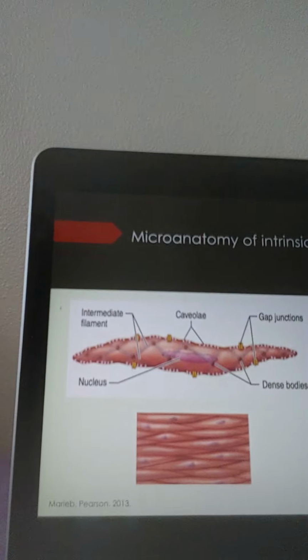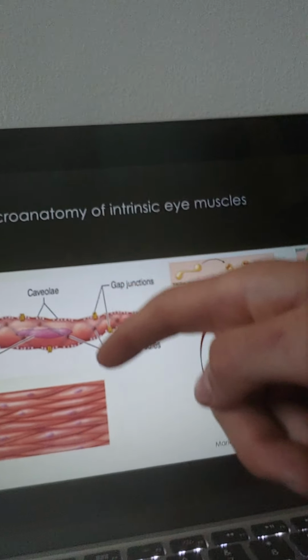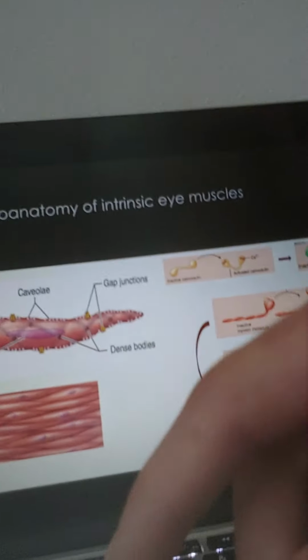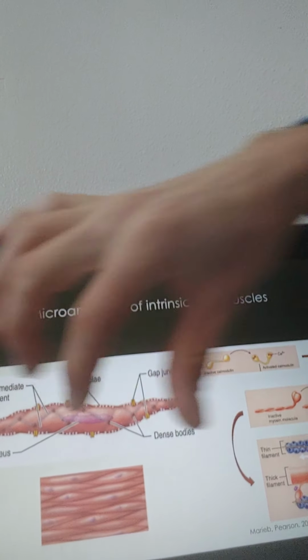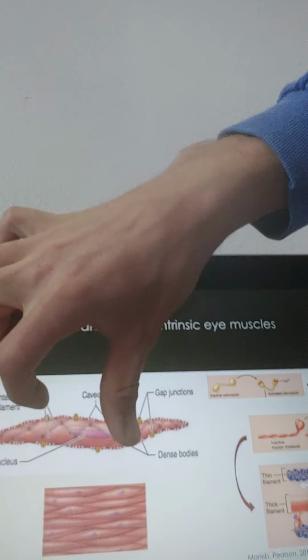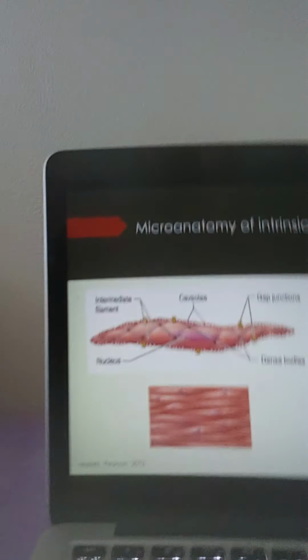And these actin and myosin filaments are kind of spiraling the spindle shaped cell. So when they contract, the cell kind of twists in on itself and squishes down like you would see when you squeeze the end of a worm.